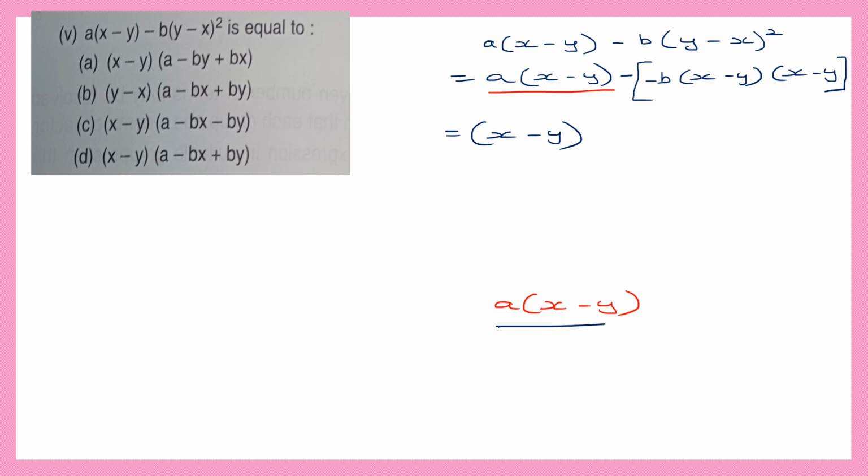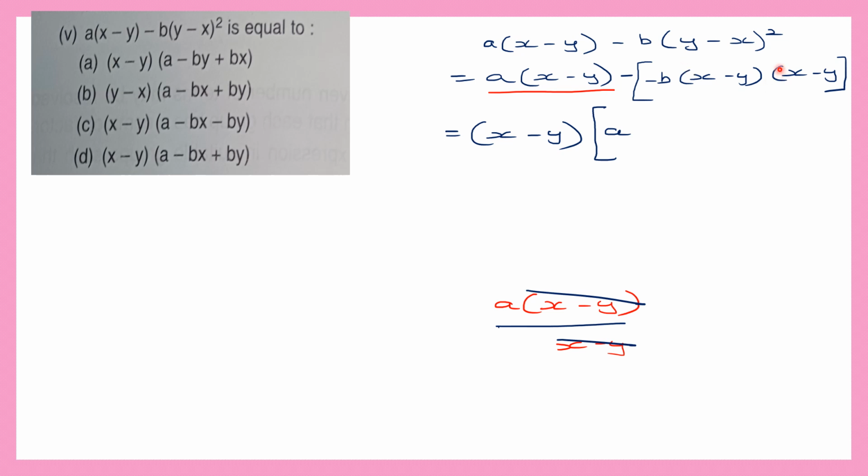So when I divide it by x minus y, what happens? This and this get cancelled. So I have only a left. Let me put that down inside. Now here, the second part, if I divide it by x minus y, one of the x minus y's will go off.